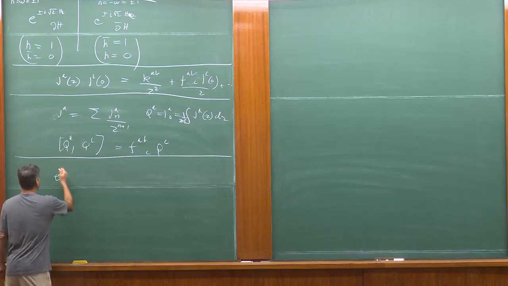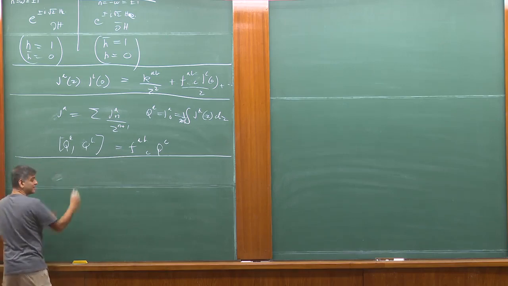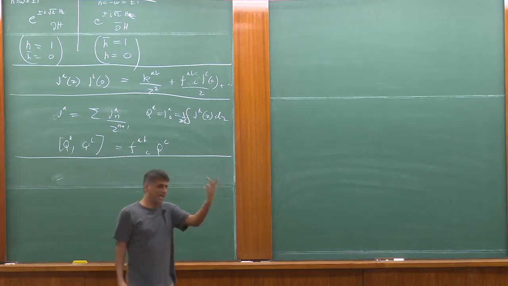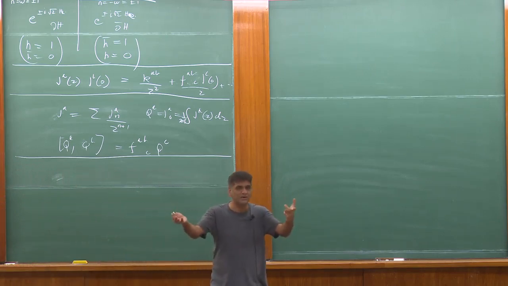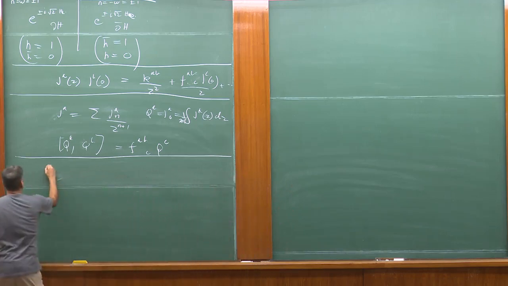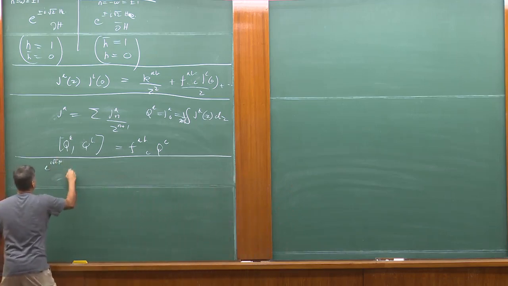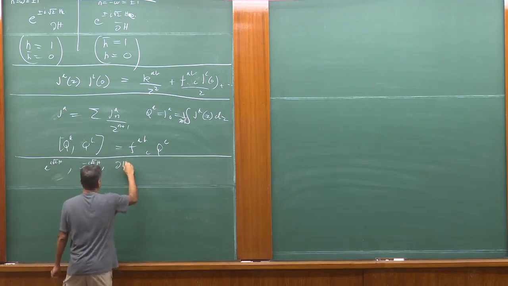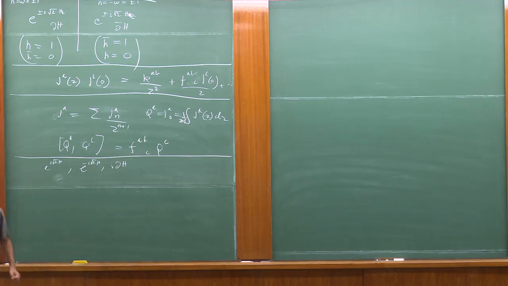As you mentioned, there were 3 vertex operators of dimension h equals 1, h bar equals 0 in this theory, which were e to the power i square root 2 H, e to the power minus i square root 2 H, and i del H. Let's look at the OPE between pairs of them.